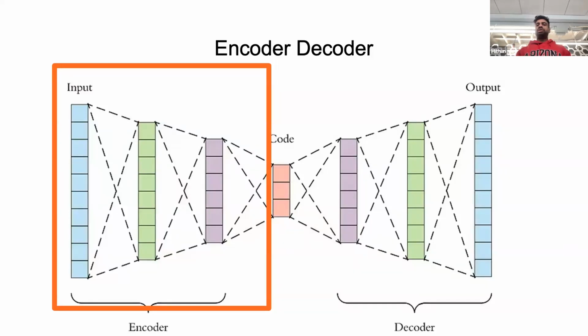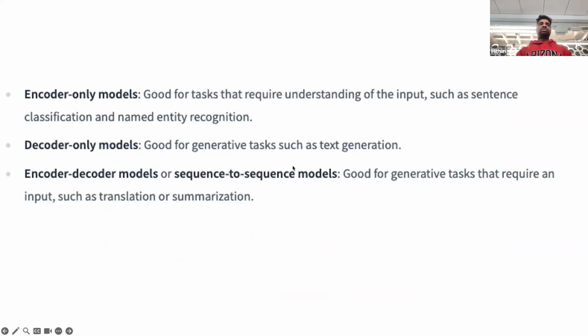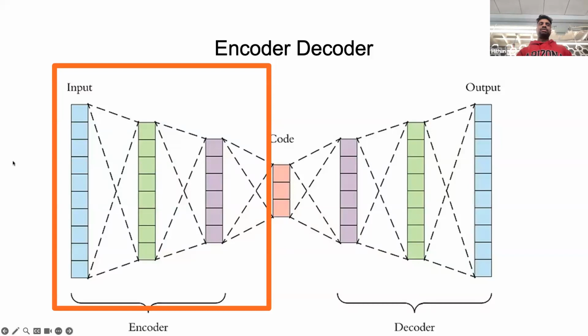What it did was it took the encoder-decoder model. Remember, when we looked at the examples of which task is good for what, we had said encoder-only models are the architecture we use for sentence classification. That was the original paper. When they created the transformer, they said, let's take these big embeddings and run them through a bunch of neural networks, and the output of the neural networks, what we call the code here, is an intermediate representation.